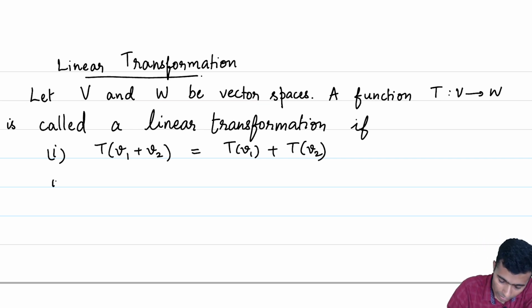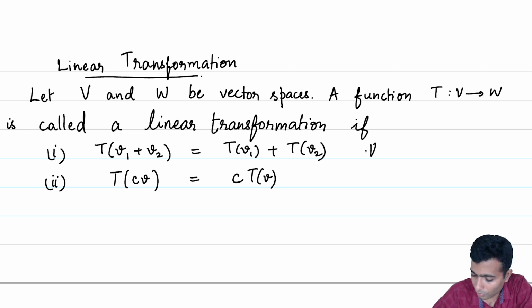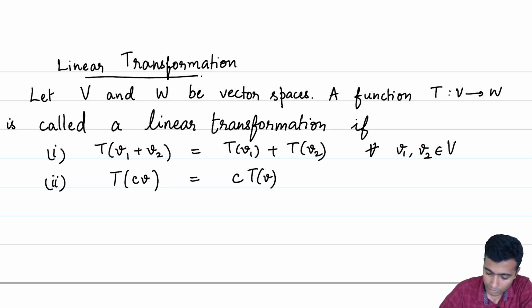And the second condition states that the scalar multiplication is also preserved. So in other words, T of CV is equal to C times T of V. The first is for all V1 and V2 in capital V, and the second is for all C, a real number, and V in capital V.